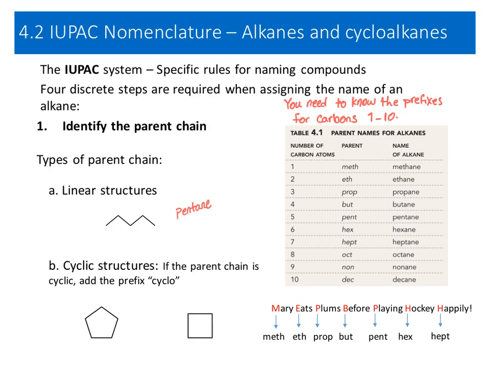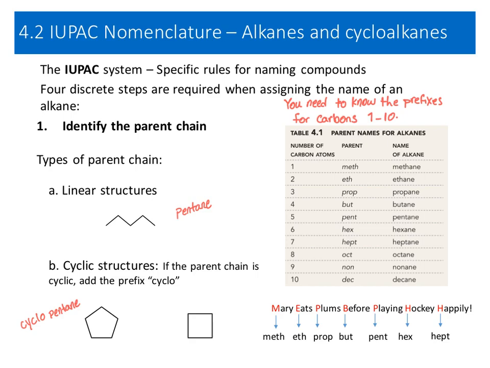For the cyclic structure, we need to follow the same steps. Just remember, each corner in the cyclic structure has a carbon and 2 hydrogens attached to it. So I have 5 carbons in this structure, therefore the prefix is again pent, followed by ane. However, because this molecule is in a cyclic format, I need to use prefix cyclo before the name to identify that.